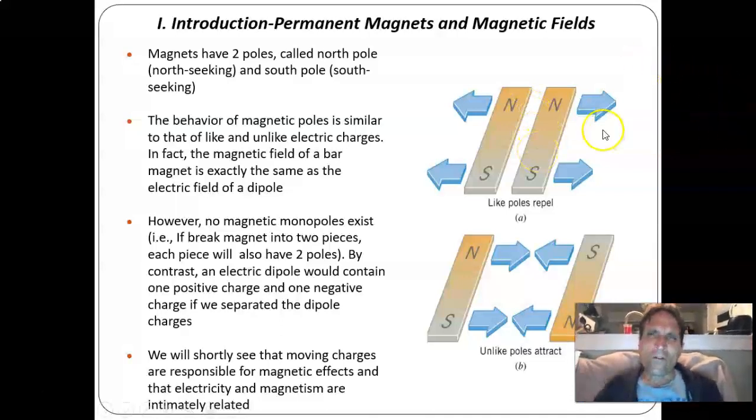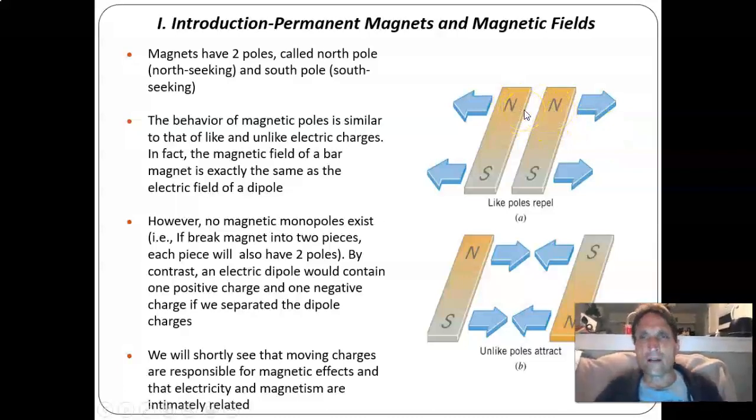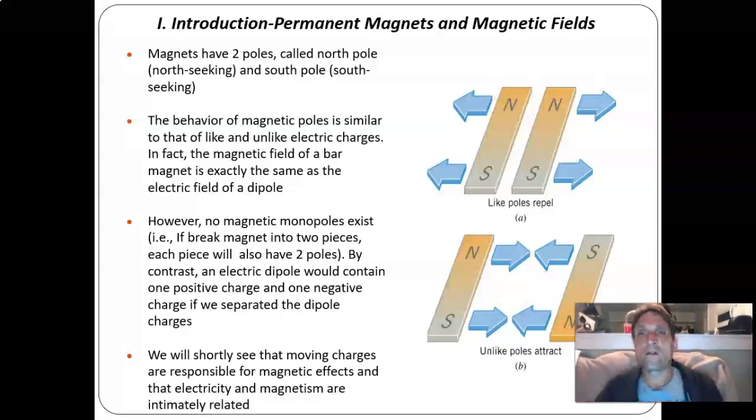And so these poles behave a lot like charges, and we'll see that the north poles of magnets share some common features with positive electrical charges, and the south poles of magnets behave in some ways like negative charges. So remember, you put a positive next to a negative, they'll attract. You put two positives together, they'll repel, right?